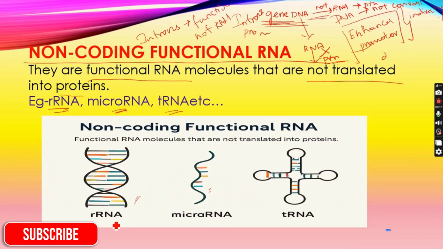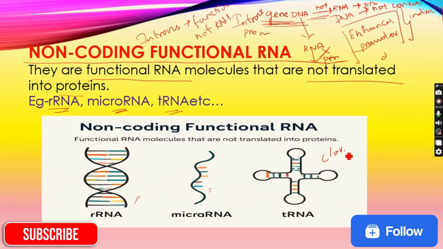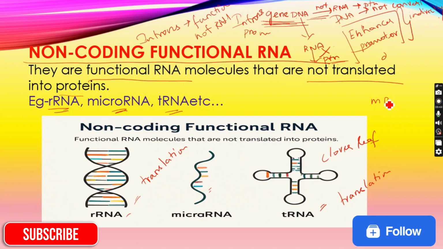But mRNA can't be double stranded in any case. tRNA is known to be present as a clover leaf-like structure. tRNA and rRNA are involved in the translation process. But mRNA is formed from exons and is involved in transcription.